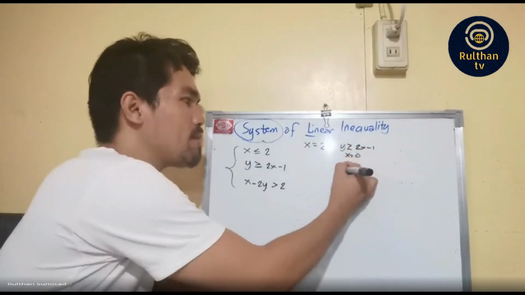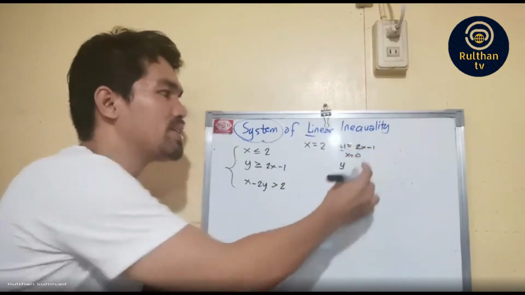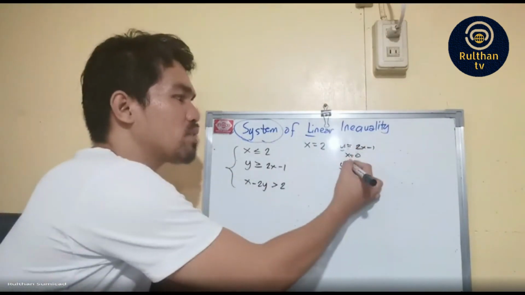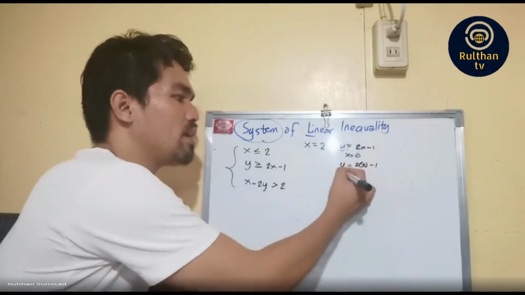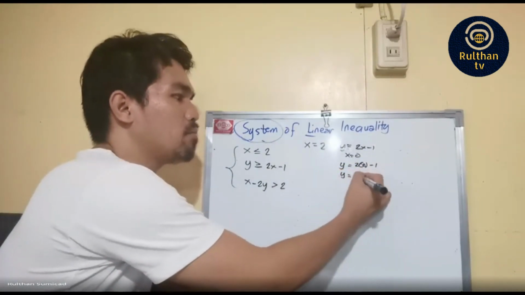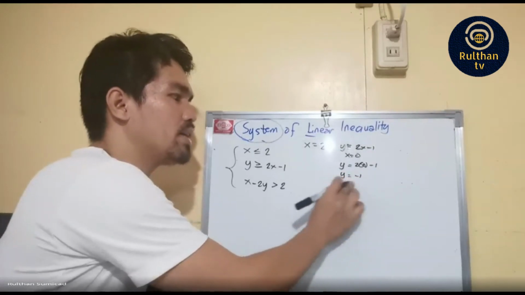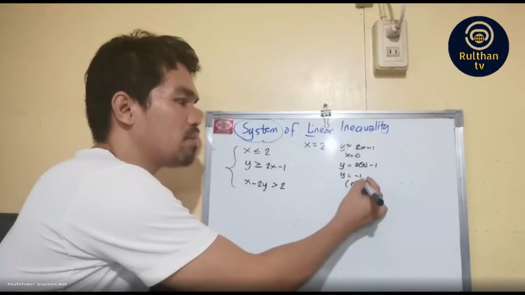Sorry, this must be an equation, because the first step is to rewrite the inequality as an equation. So x equals 0, so this is going to be y equals 2 times 0 minus 1. We have y equals negative 1. So our solution, the ordered pair here, is (0, negative 1).